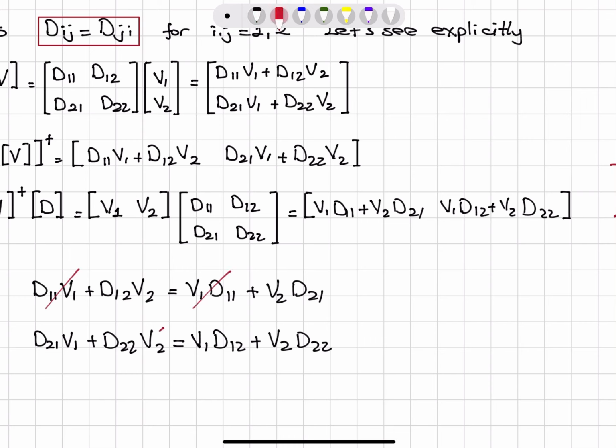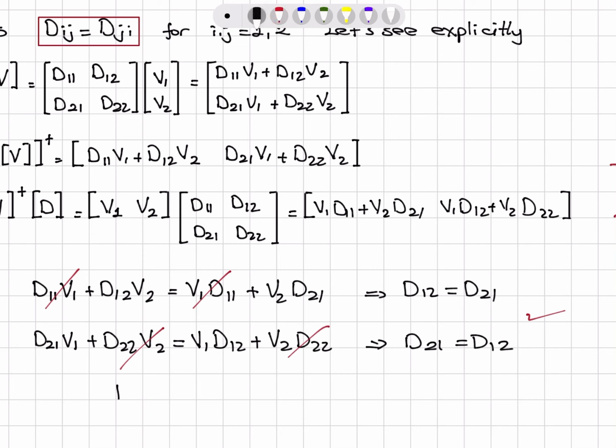So I find that this implies D12 must be equal to D21, and also D21 must be equal to D12. So my conclusion that Dij must be equal to Dji is correct.